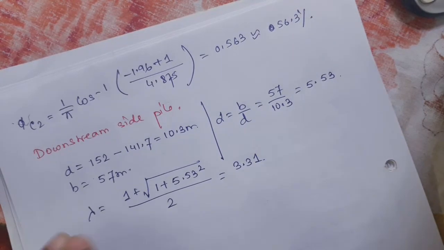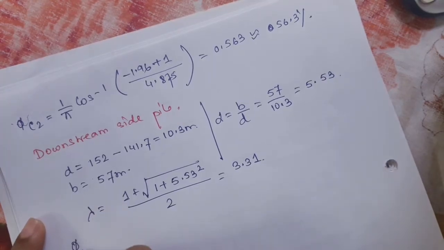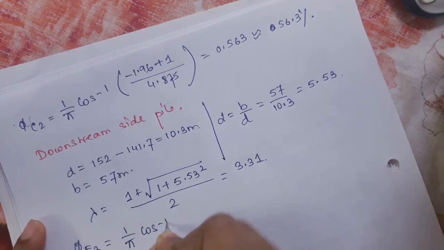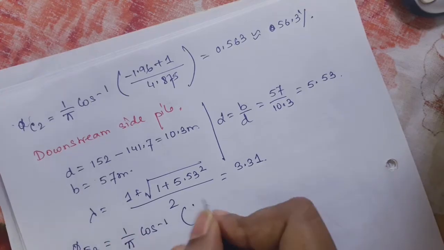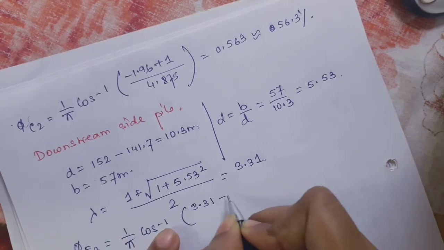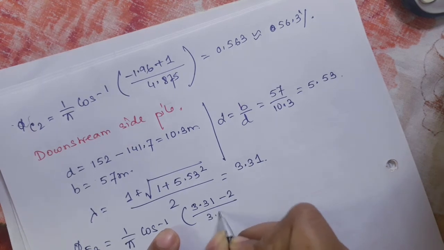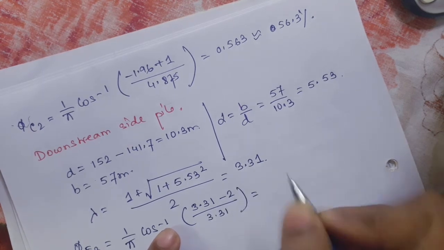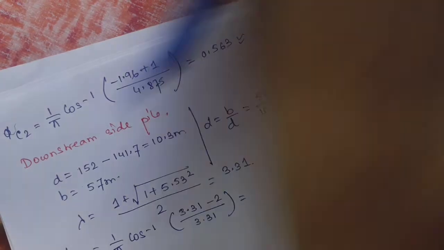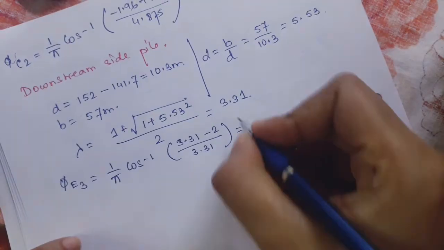So now we will put this lambda value in our corresponding equation of phi E3, which is 1 by pi cos inverse of lambda minus 2. So what is our lambda? This is 3.31 minus 2 divided by lambda. So this will give us 37%.